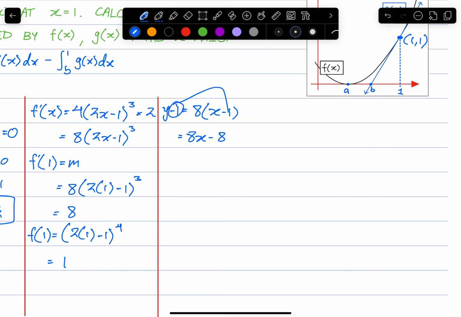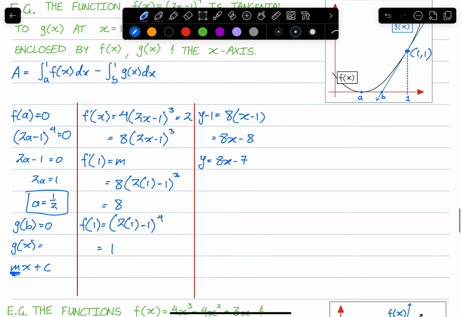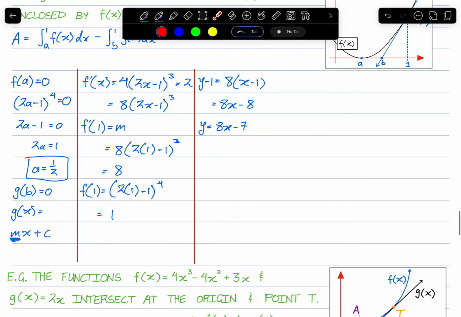Adding 1 to the other side, we get y equals 8x minus 7. b can now be solved for because b is the x-intercept of this. So 8x minus 7 equals 0, 8x equals 7, x equals 7 on 8.